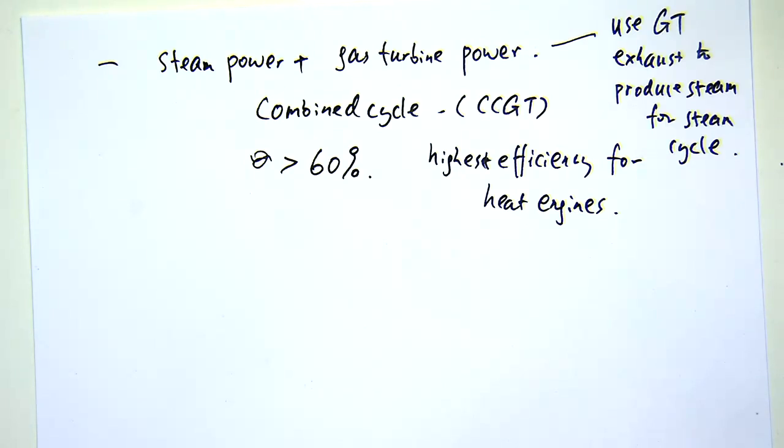Then the question asks three parts. One is to draw the TS diagram, which can be done. Then determine the mass flow rate of the air going through the gas turbine to produce 100 megawatts of power.